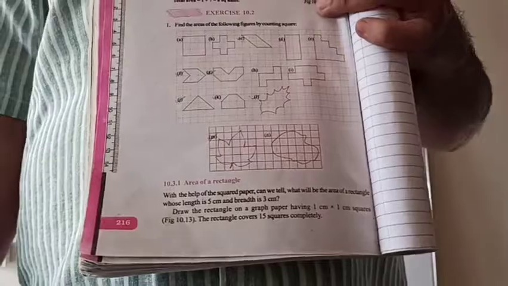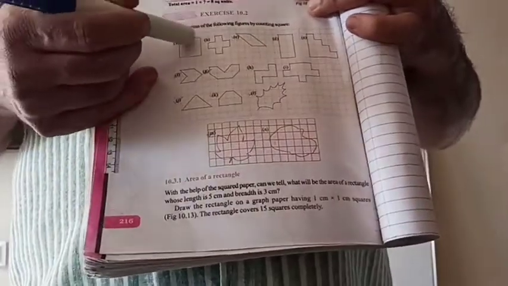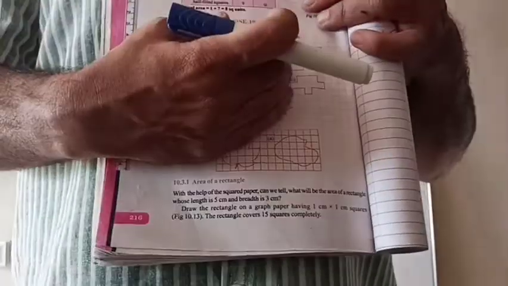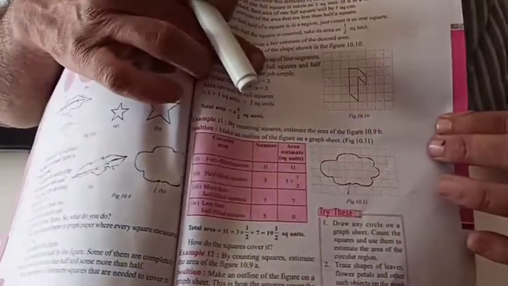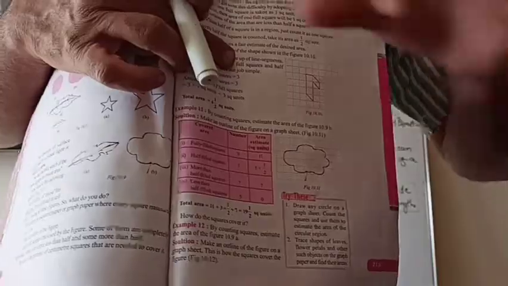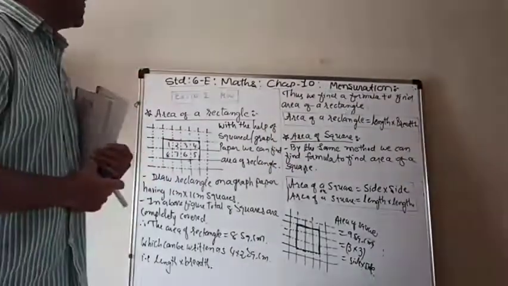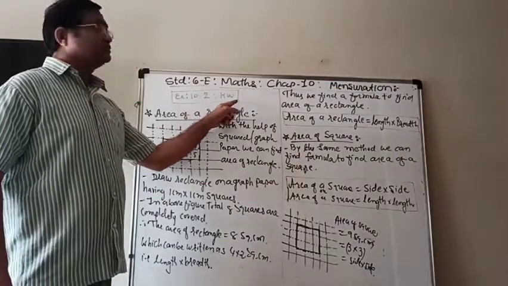As I showed in the example, you have to find the full squares, half squares, more than half and less than half. According to the table made here, you also have to make a table for each and find the area on your own. So I am giving you exercise 10.2 as homework.